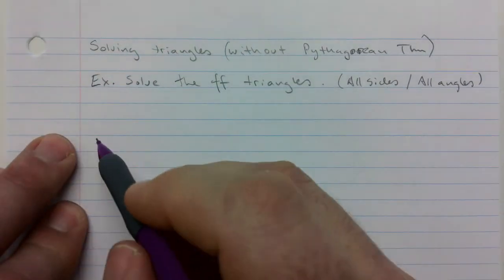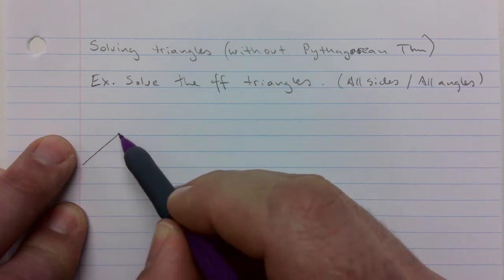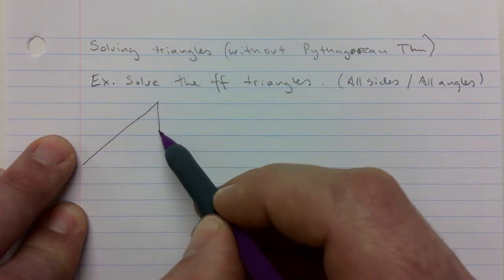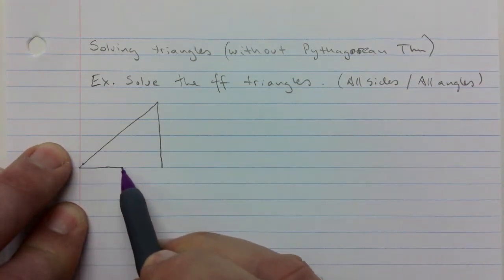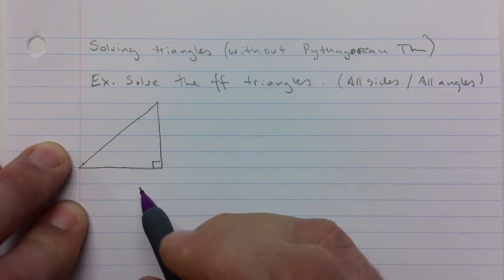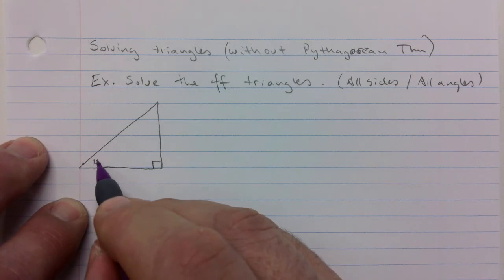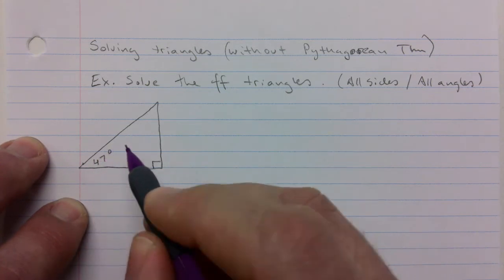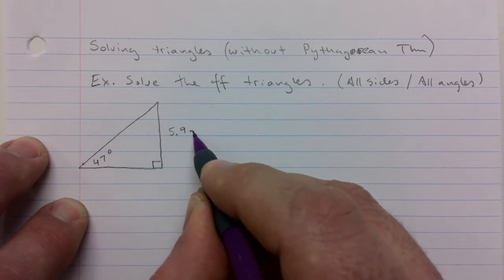So here we go. We have this triangle like this. And we have 47 degrees here, 5.9 meters there.